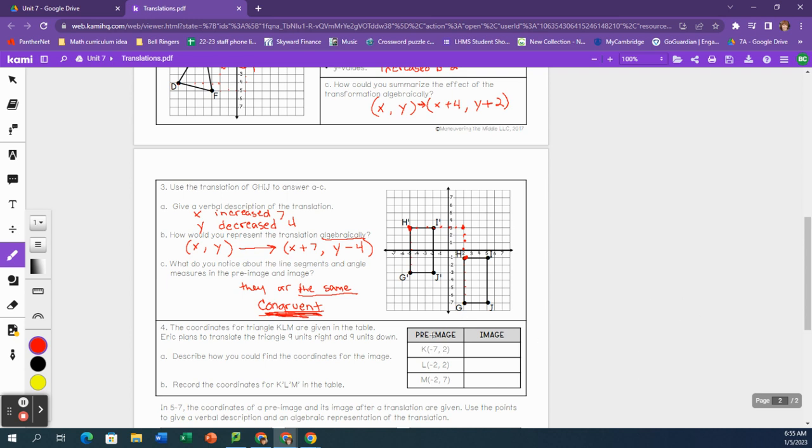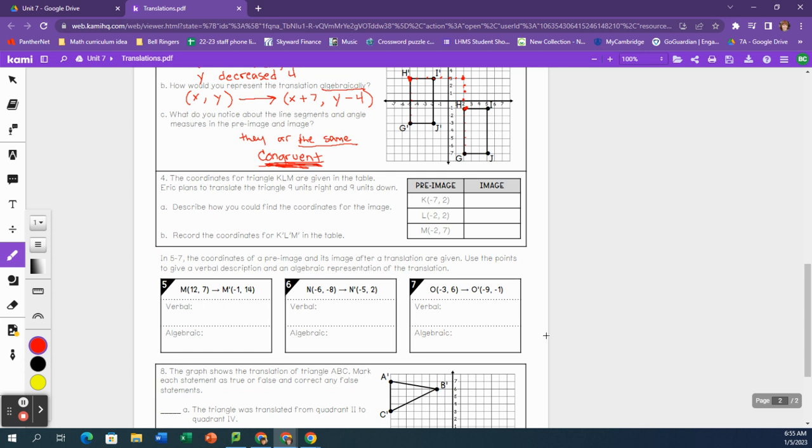Okay, the coordinates for triangle KLM are given. Here are the coordinates in the table. Eric plans to translate the triangle 9 units to the right. So 9 to the right. Are we going up or are we going down? We're going down. Okay.